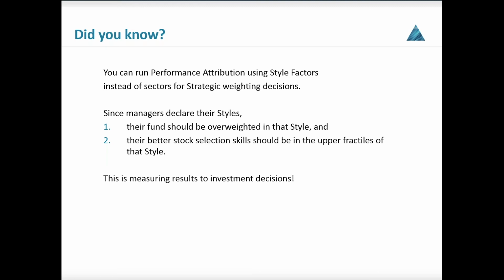By doing this, and since managers actually declare their styles, we should hopefully see that the fund is overweighted in that quintile with the higher factor value. And we should also see a better stock selection skill in that higher fractile. And this is a way to measure investment results back to the investment decisions.